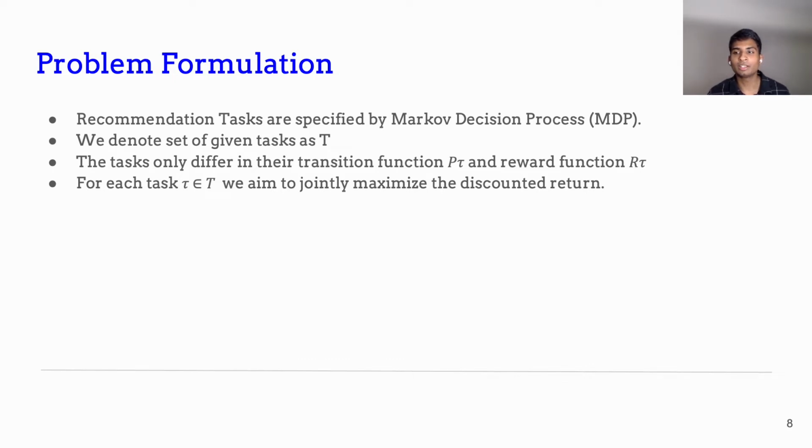We denote the set of recommendation tasks, such as ranking to maximize click response, buy response, and impression response, as T. These tasks differ in their reward functions and their transition functions. Then, for each task, we aim to jointly maximize the discounted return.